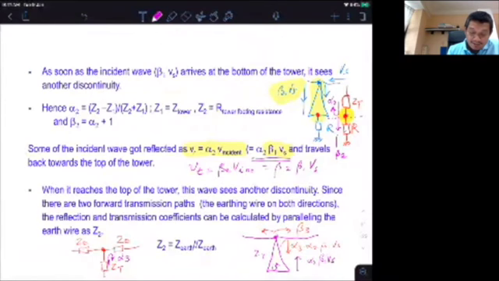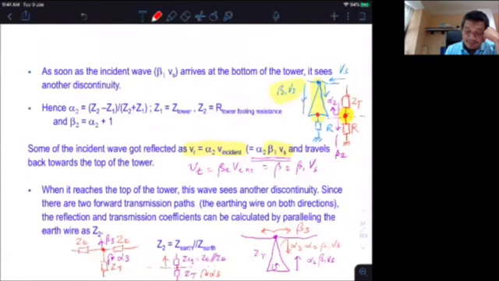And beta 3 as our transmission coefficient. Oleh kerana ada dua ZE there, we have to combine as before. So the two ZE will become Z equivalent. And Z tower is Z1, and the discontinuity point is in the middle there. So we have alpha 3 and beta 3 like this.